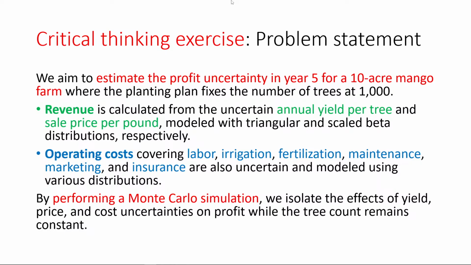The revenue is calculated from the uncertainty of annual yield per tree and sale price per pound. These are my two biggest uncertainties. How much each tree will yield could depend on different factors like climatic conditions, temperature, and precipitation. It could also be due to other factors like pest control and how effective my pest control programs are, and how well I maintain my farm.